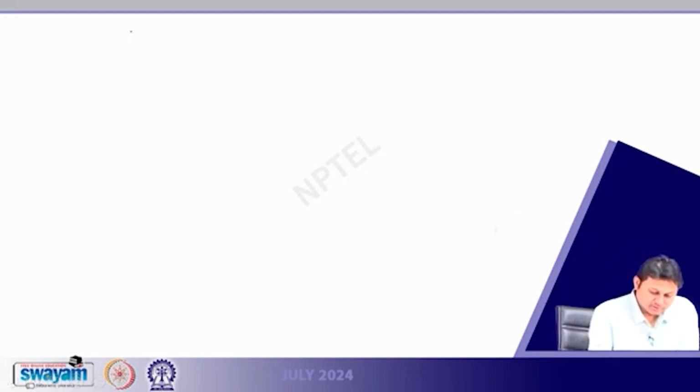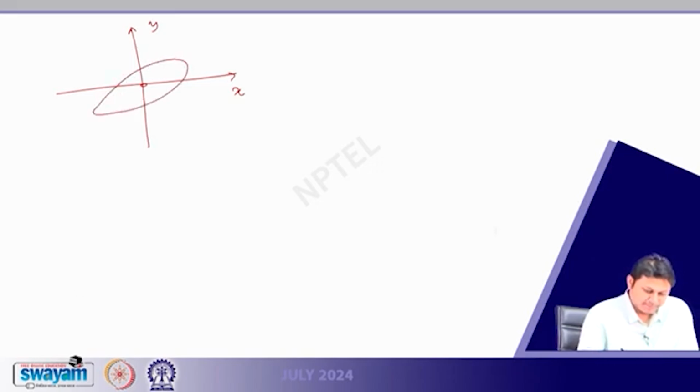and that is when, suppose this is my x axis, this is y axis, and the ellipse is defined in this way, and suppose it is moving in this direction.